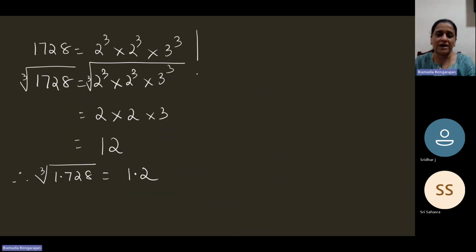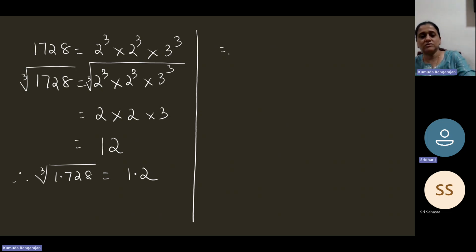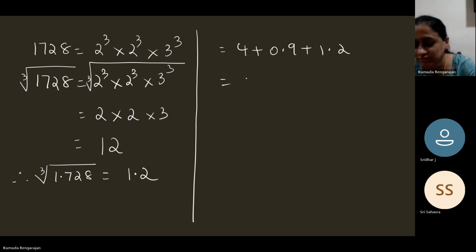1.2. Now you'll have to add. And when we add, we get 3.1. So it is 2 plus 4 plus 0.9 plus 1.2. Add, tell me correctly.